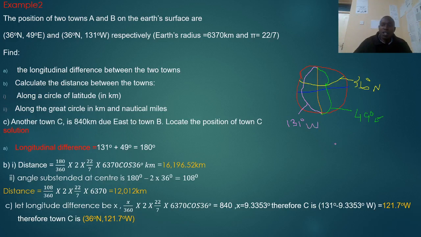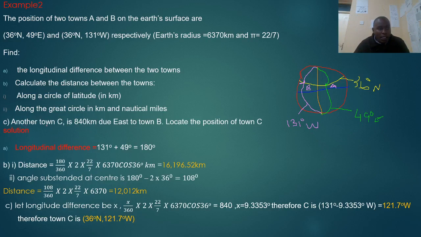So this is the point I'm talking about here. It's our point B. And our point A is here. Now the two points are here. They are both on latitude 36 degrees north. This is on longitude 49 degrees east, 131 west.